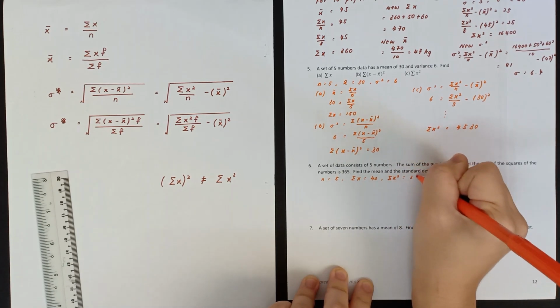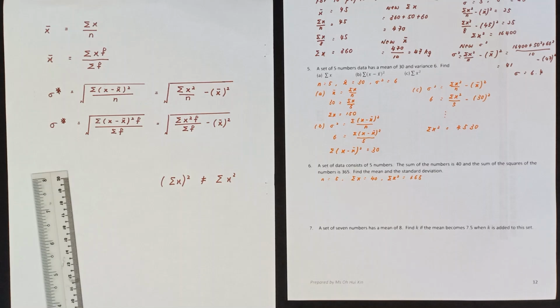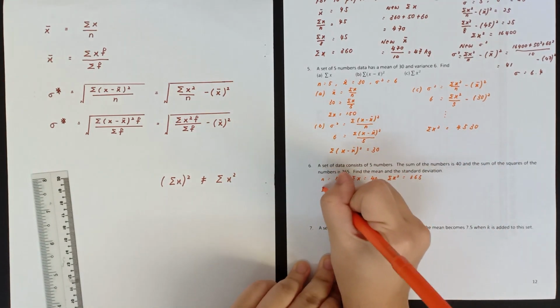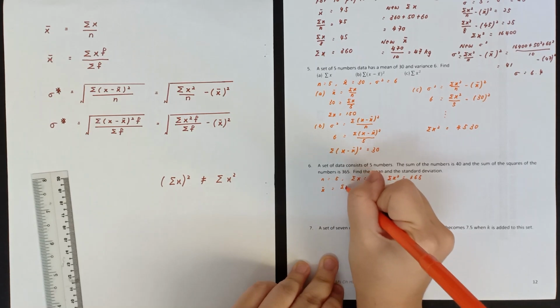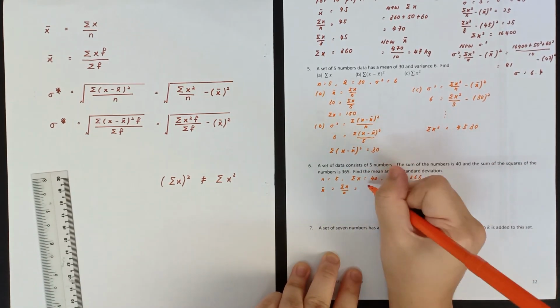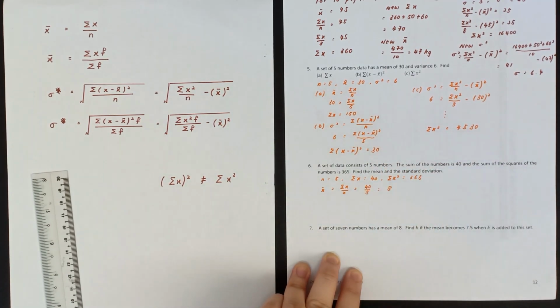If you know what that means in symbols, then you can see it's so easy. Find the mean. 40 divided by 5 gives you 8. Finished.